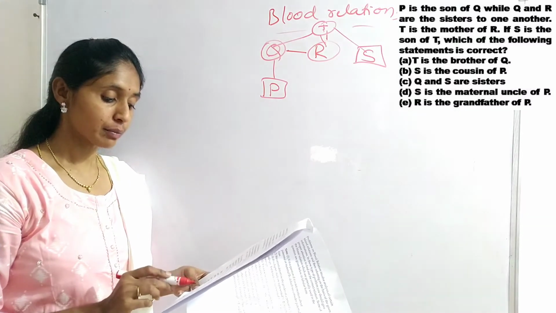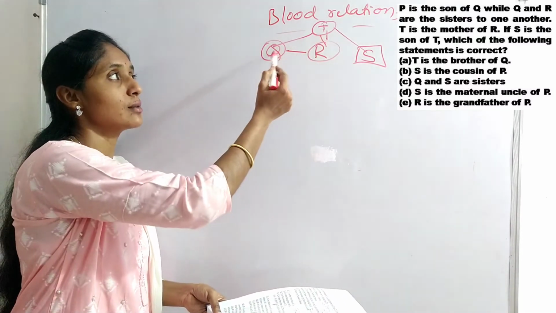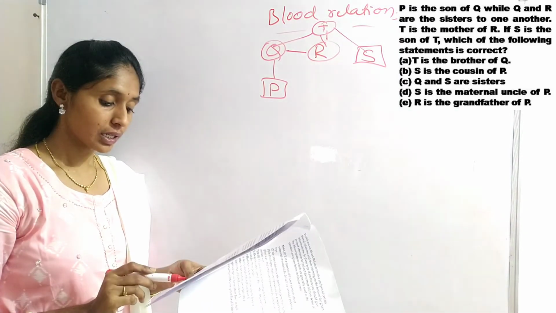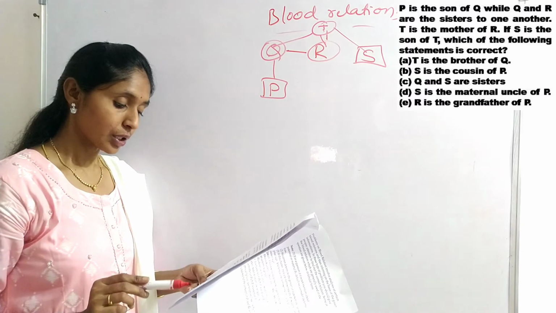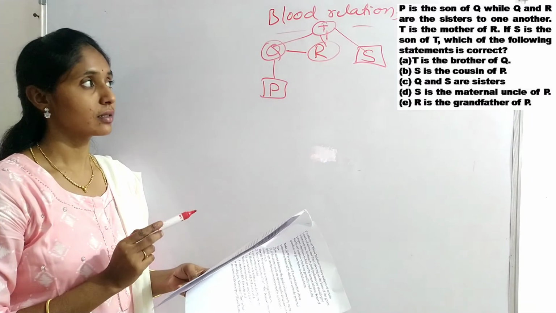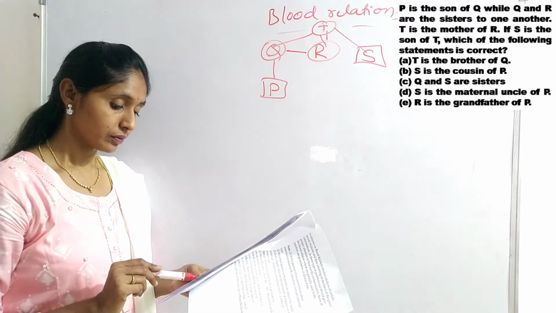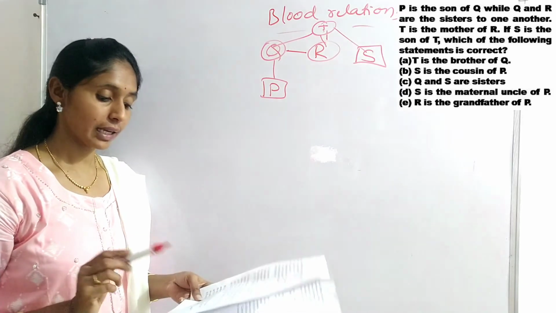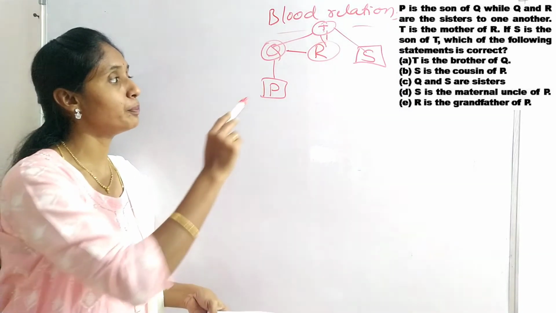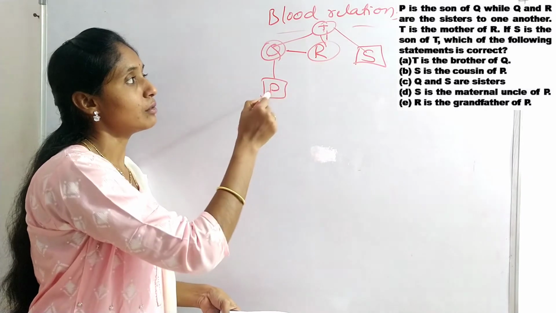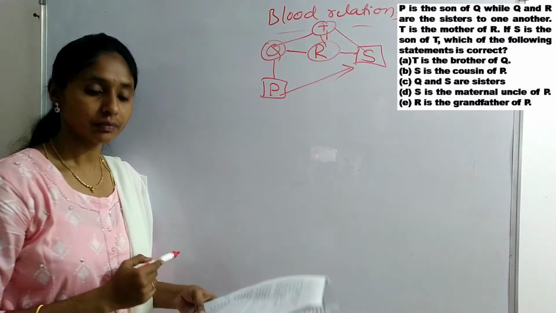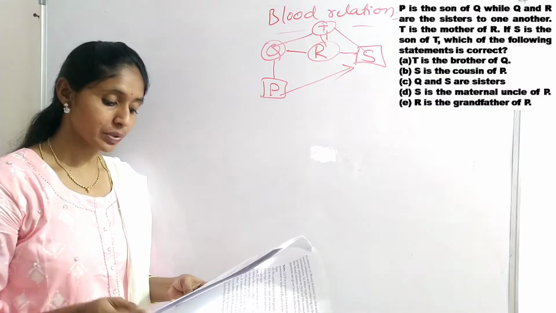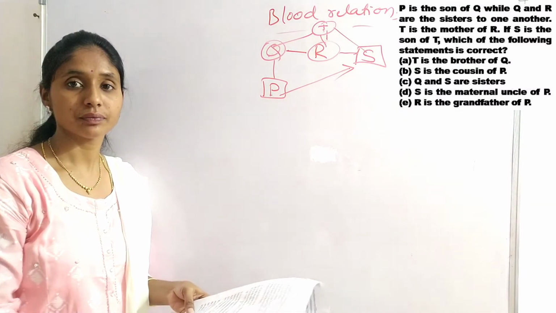A: T is the brother of Q. T is not the brother of Q. S is the cousin of P. No. Q and S are sisters. No. S is the maternal uncle of P. Right. So option D is the right answer.